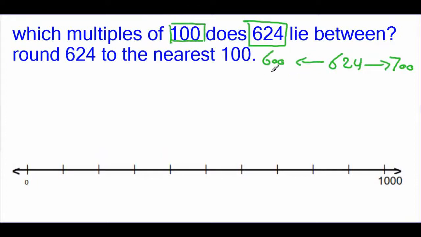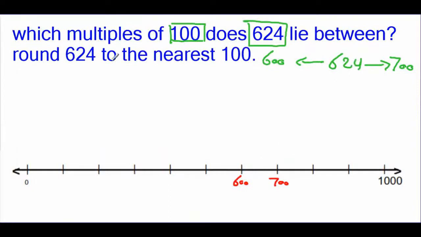So it is between 600 and 700. Where it comes on the number line, it comes here: 100, 200, 300, 400, 500, 600, and 700. Somewhere between these two multiples of 100.